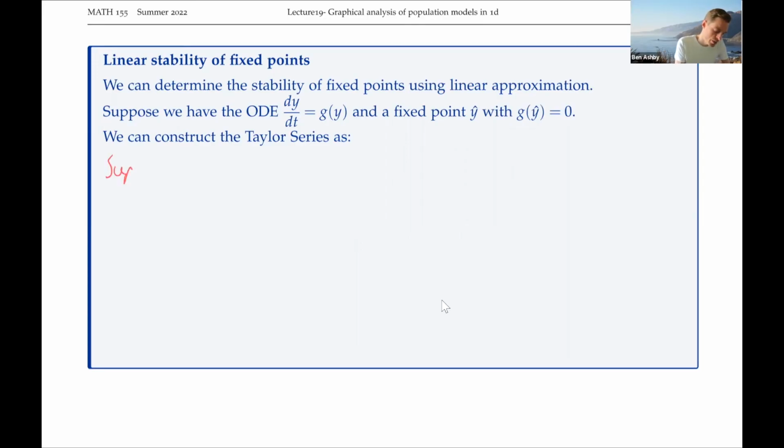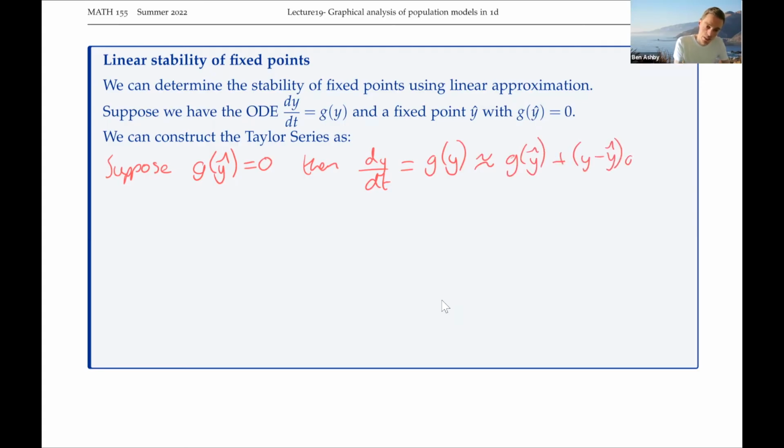Suppose that g of y hat is equal to 0, then our dy dt is going to equal g of y, which is approximately equal to g at y hat plus y minus y hat times g prime at y hat. So this bit here is our linear approximation.